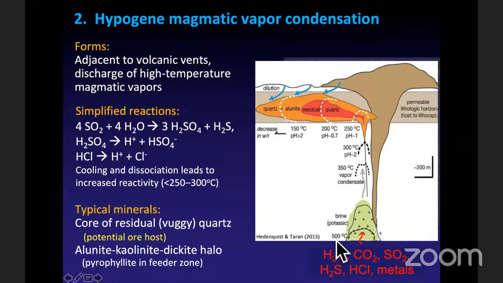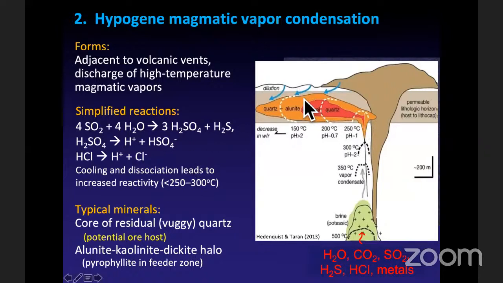So we have water, SO2, HCl being released from a degassing magmatic chamber, and at certain temperatures, starting between 300 and 400 degrees, SO2 starts reacting with water and produces sulfuric acid and H2S. This is a disproportionation reaction.